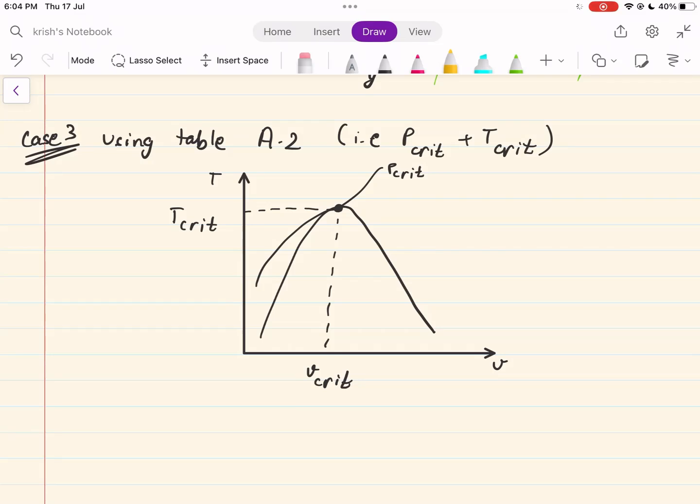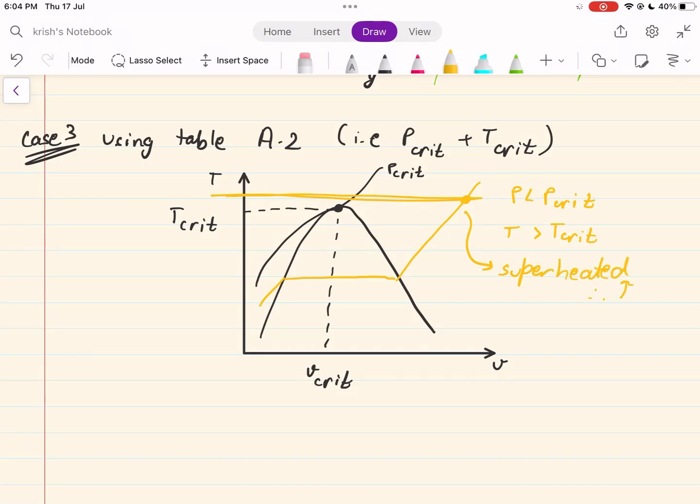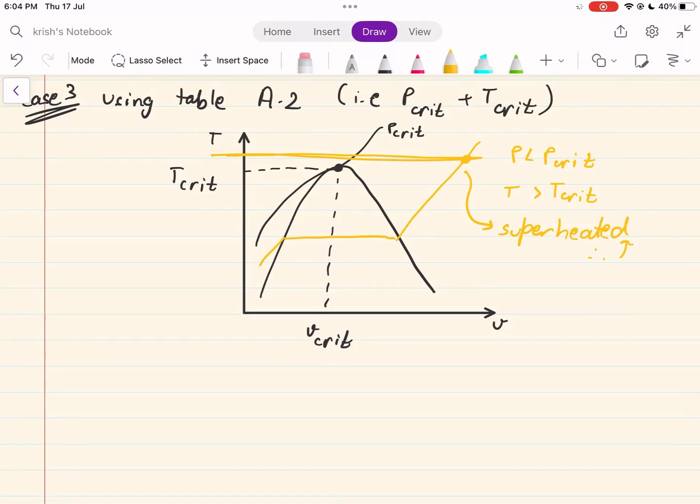Okay, so now if our pressure is less than our critical pressure, it means our line must be somewhere here. And if our T is greater than T crit, it means our line must be going like this. That means the intersection of these will be in the superheated region. Therefore, the substance is also superheated.